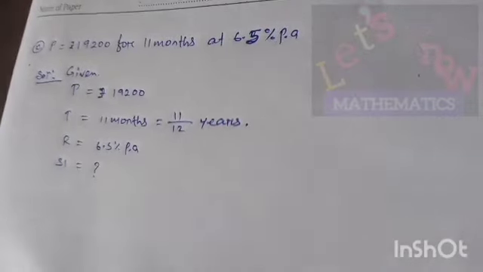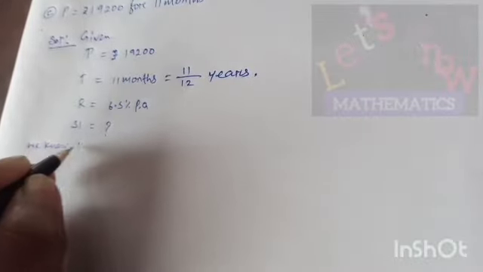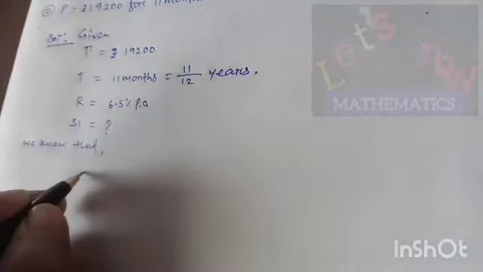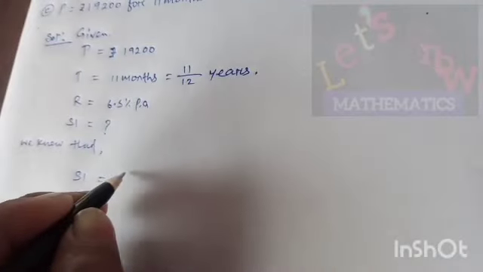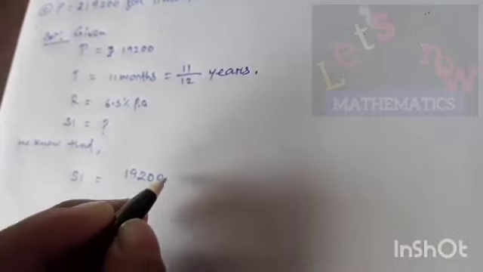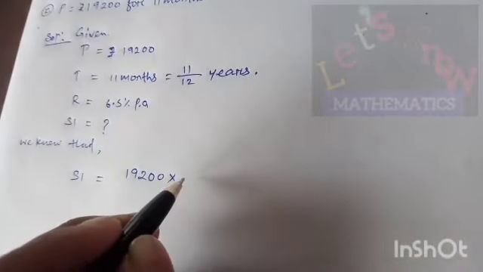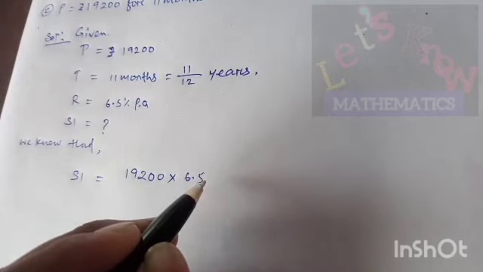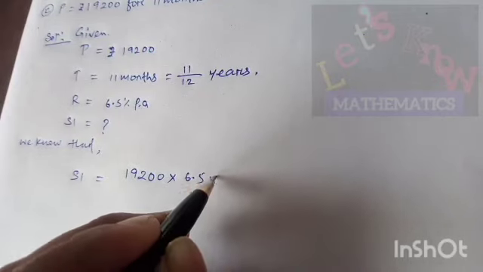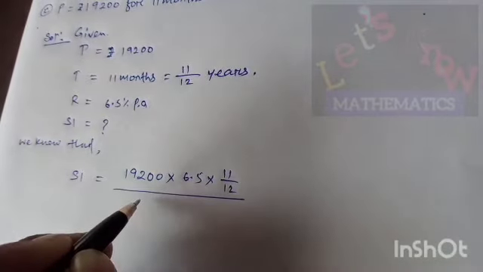Now we know the same procedure. So simple interest SI is equal to 19,200 into R, the rate of interest, 6.5, into 11 by 12 divided by 100.